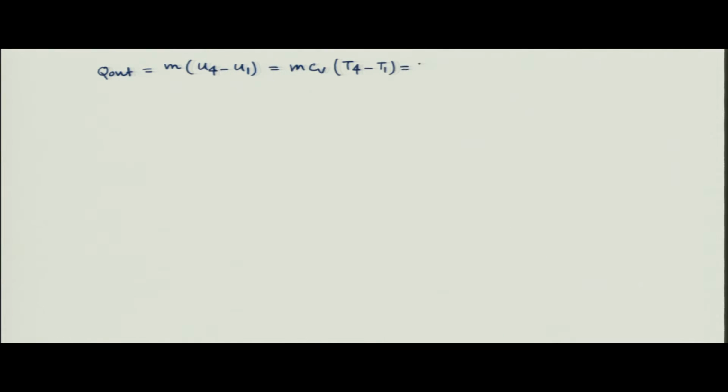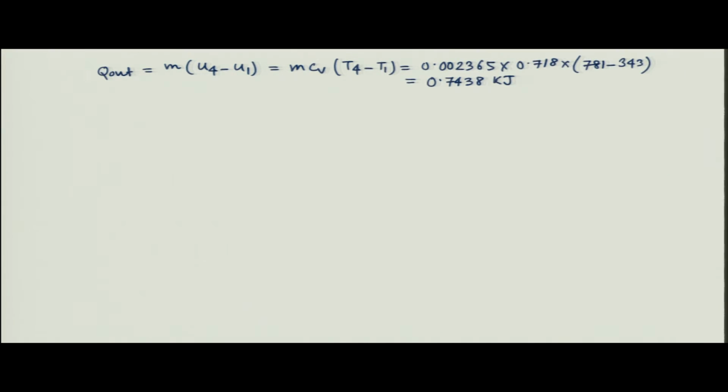Now, substituting the values, this is m times CV, which is 0.718, and T4 minus T1. T4 was 781 Kelvin and T1 is 70 degree centigrade, which is 343 Kelvin. So, we can finally obtain the Q out, which is 0.7438 kilojoule. Okay. So, this is the Q out.